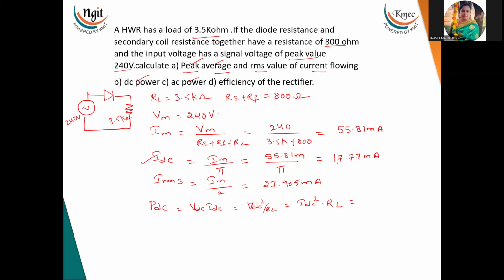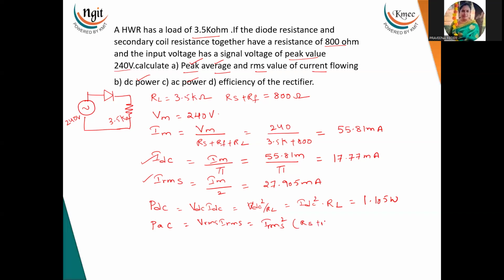Now if you substitute 17.77 milli square into 3.5 kilo, then you will get 1.105 watt. Similarly, PAC is equal to VRMS into IRMS, or here current is there, so I will take IRMS square into total resistance.